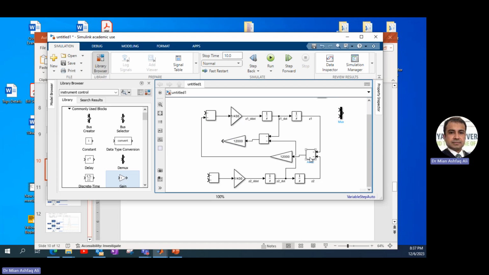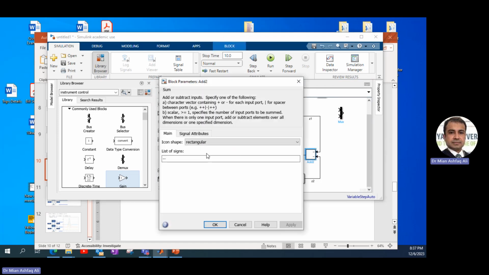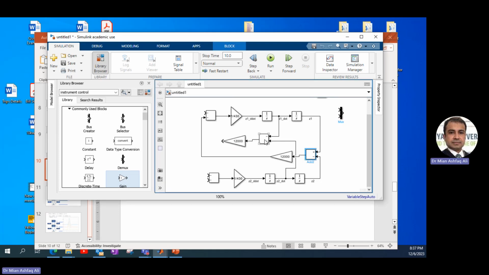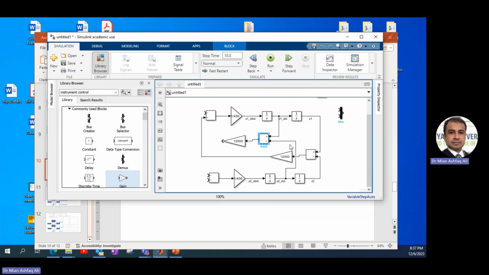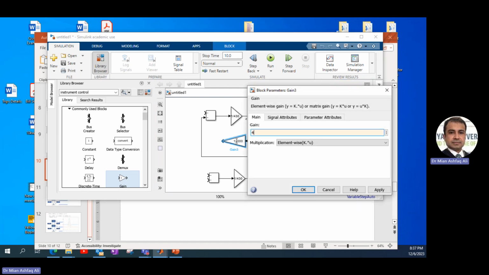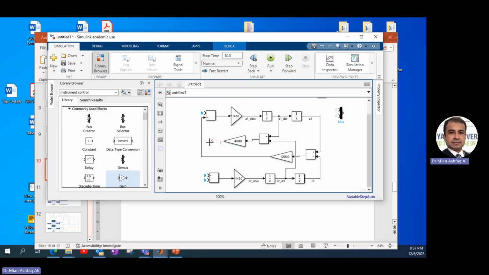So actually this should be Z1 minus Z2, so I need to change the sign to plus minus here. And the same is the case here. So I should write plus minus here, and then multiply this with C1, and C1 is 4,000. And then I can connect it here. So this completes the first loop, and let me rename this as C1 and this block as K1.